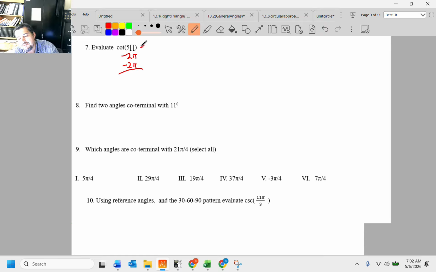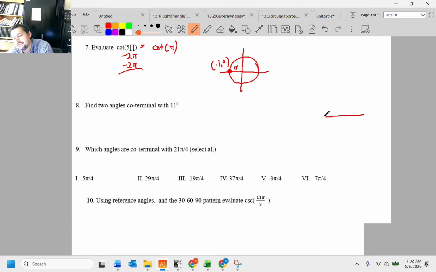So the cotangent of 5 pi is actually equal to the cotangent of pi. You're allowed to take away circles, all right? Called coterminality. All right, so I am visualizing a unit circle here, and this is where pi is, right? 180 degrees. Ordered pair there is negative 1, 0.